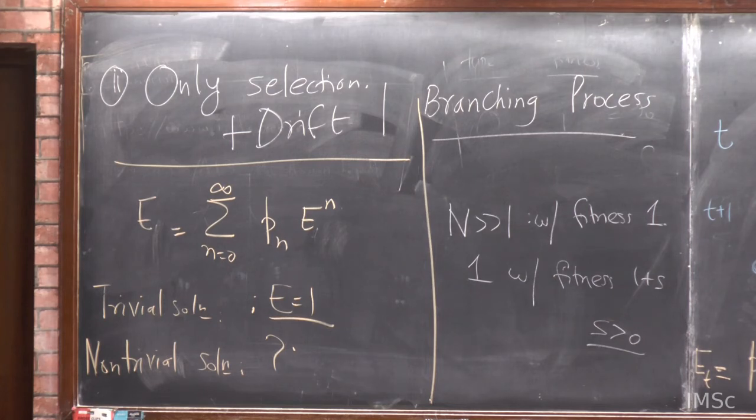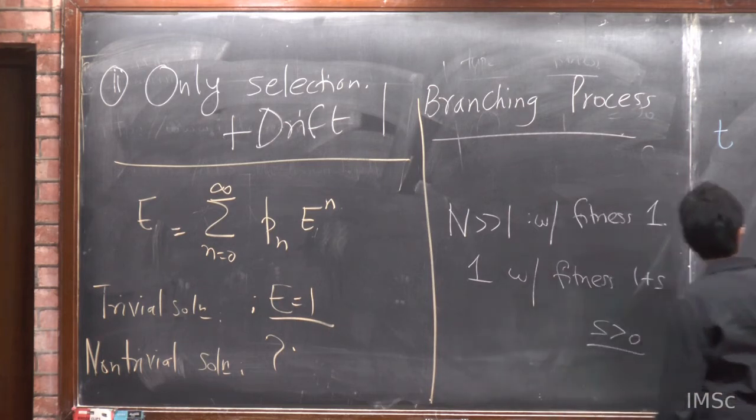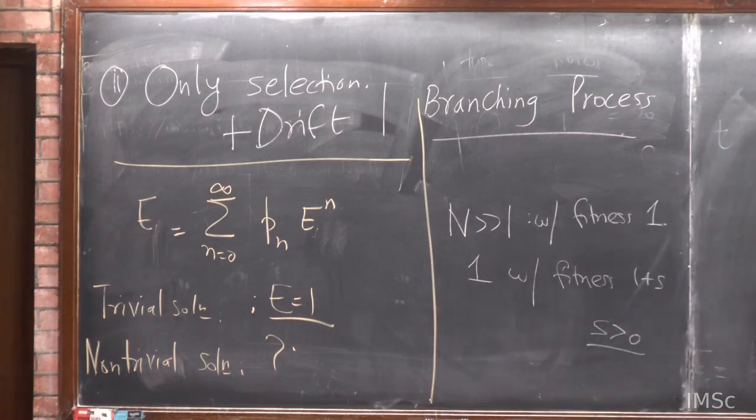Okay, so we will do that using what is called a graphical method. We will again do some plotting and figure out the answer. Everybody knows what a graphical method of solving an equation is. Suppose I ask you, solve this equation: x equals e to the minus x.